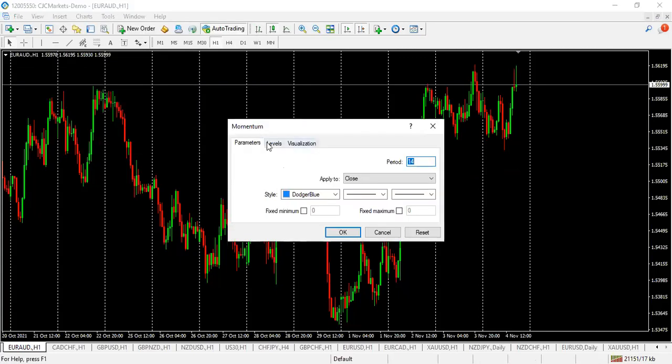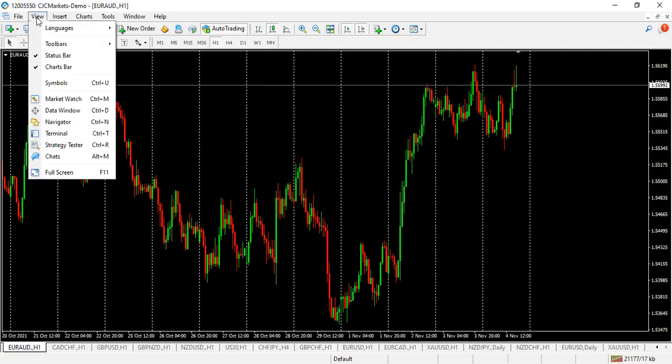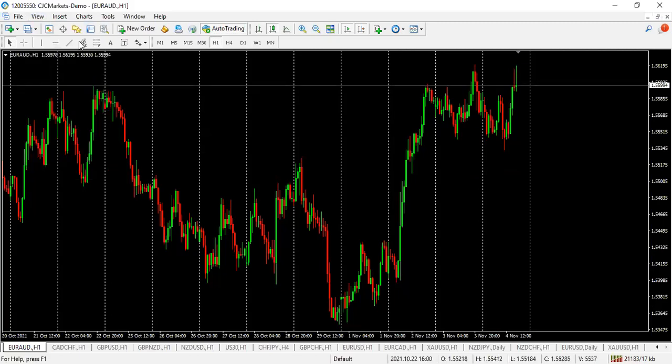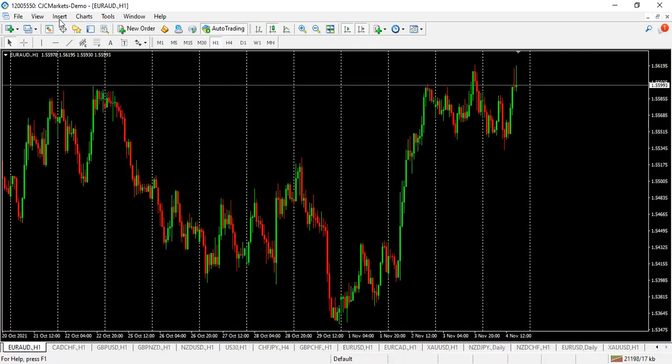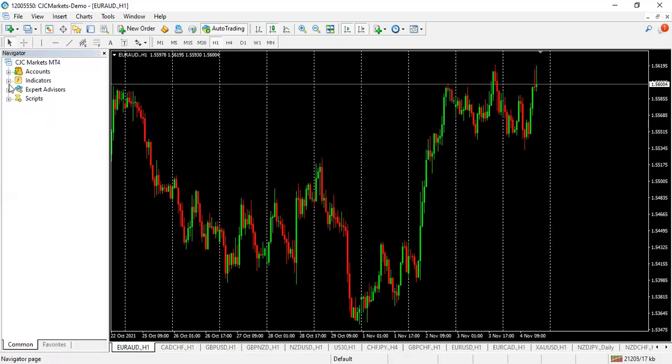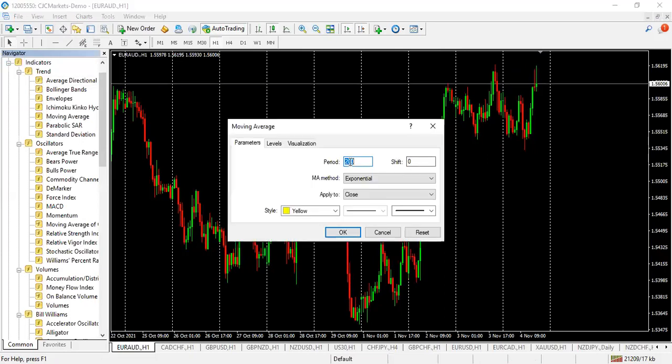When you click on Moving Average, you can see the parameters, which include the period.